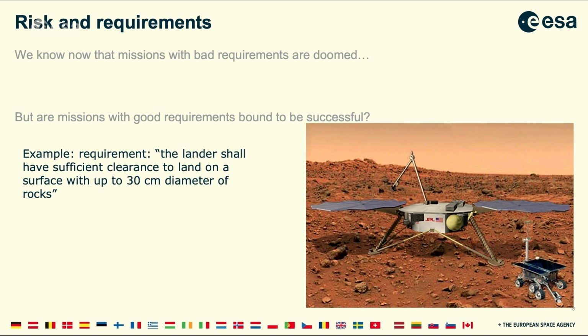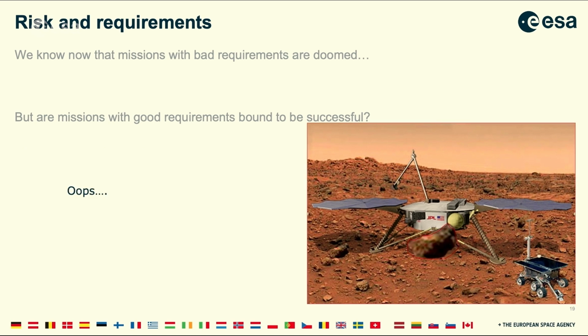If I take an example, say we make a Mars lander and we design it such that it has sufficient clearance to land, even if there are rocks up to 30 centimeters. And then in the end, we launch the satellite, we land on Mars, and it lands right on a rock with 60 centimeters diameter.